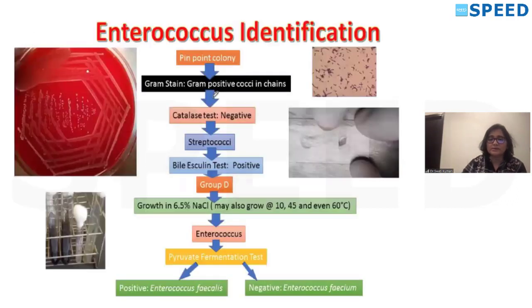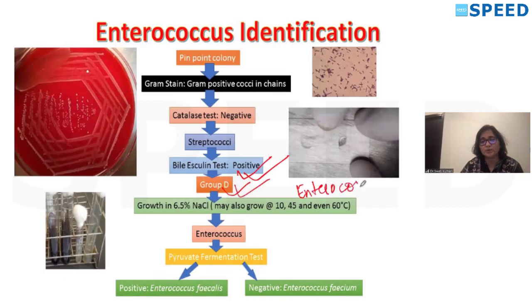Now coming to Enterococcus. Enterococcus is bile esculin positive. Okay, they belong to group D. Now they have been separated. We separately also call it Enterococcus. Earlier they were placed in group D. They grow in 6 to 6.5% sodium chloride, grow at higher temperature also, and they ferment pyruvate.